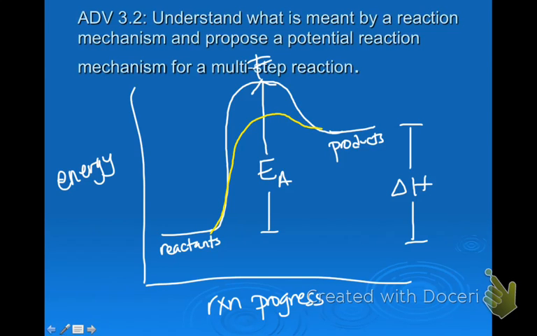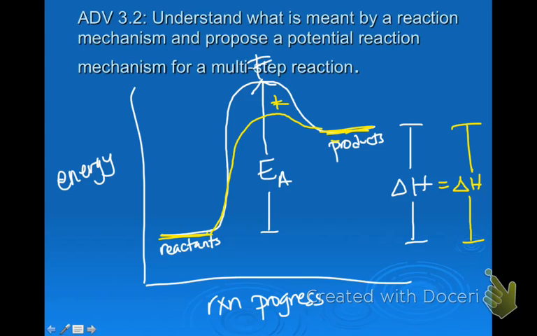So what a catalyst does is it takes that transition state and makes that transition state lower in energy. So look at what that changes and what that doesn't change. The energy of the reactants is the same, and the energy of the products is the same. So delta H is the same as it is without a catalyst.